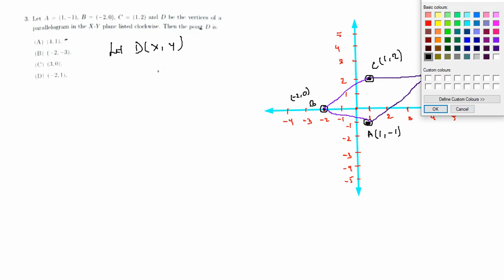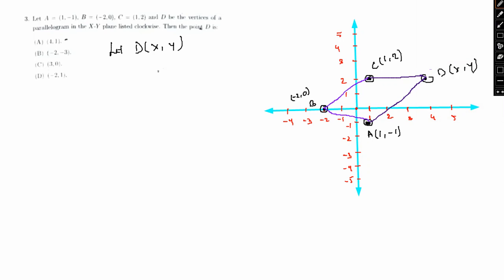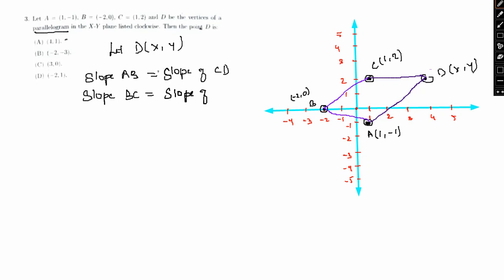So now since we know it's a parallelogram, given in the question, the slope of AB will be equal to the slope of CD, the opposite side. Similarly, the slope of BC will be equal to the slope of AD.